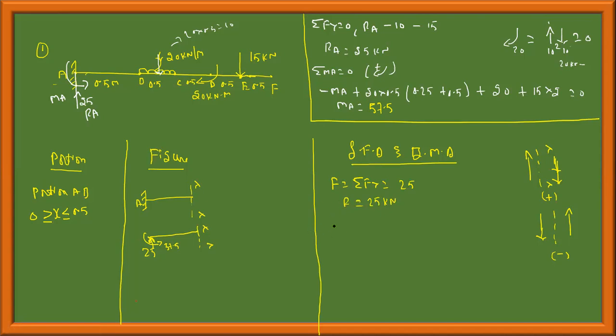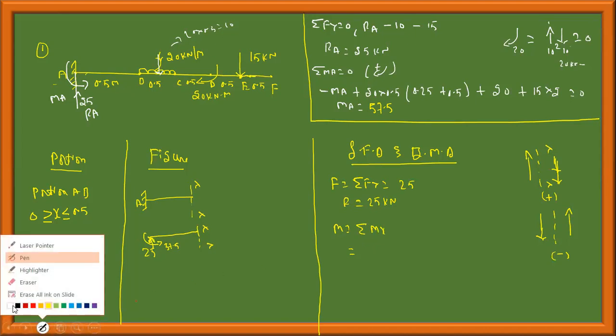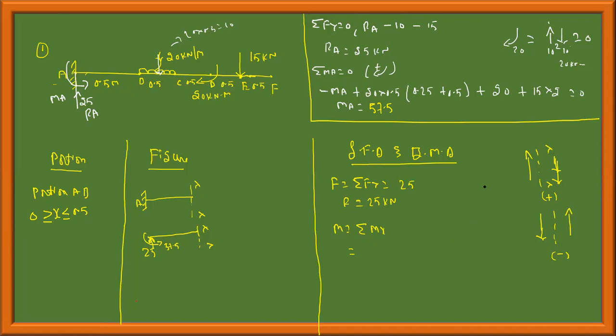Next, moment is equal to the summation of moment about the section XX. You should think like this: if the beam is bent so that the left is clockwise and the right is anti-clockwise at section XX, this is negative.